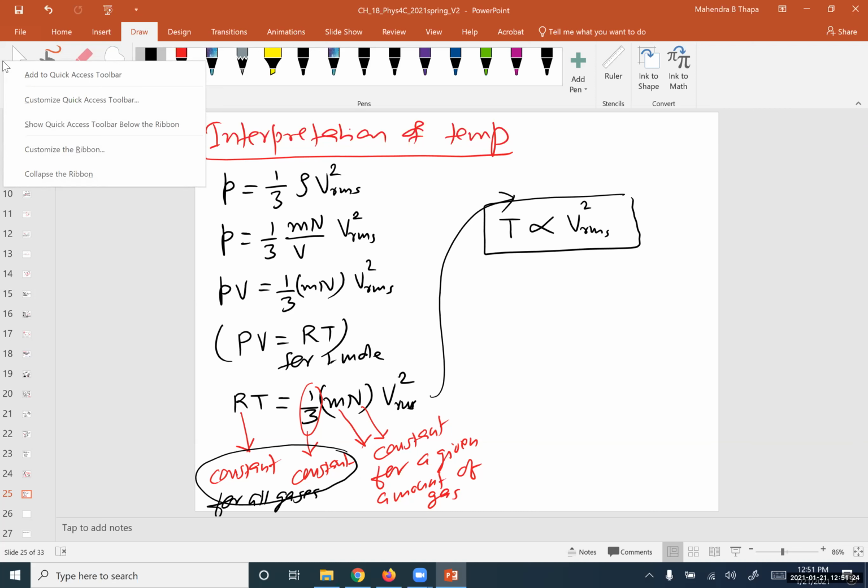This also defines one of the important concepts, that temperature depends on v squared, not only v. Okay, let's go further and start over here, starting from the same part.